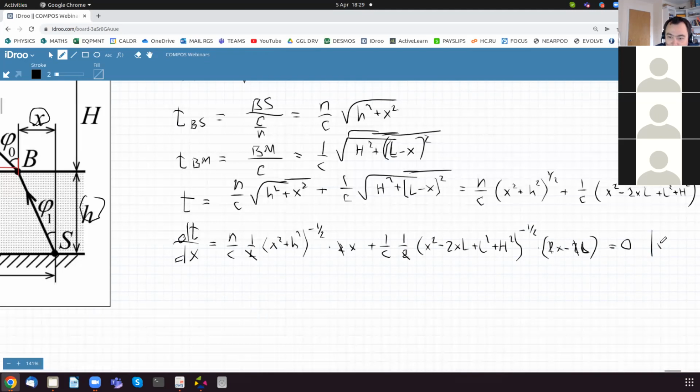So times by c, and we have x divided by square root of x squared plus h squared, plus x minus L divided by square root of x squared minus 2xL plus L squared plus H squared, and that is equal to 0.